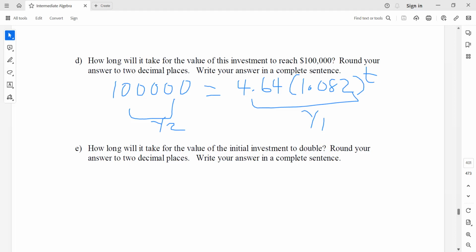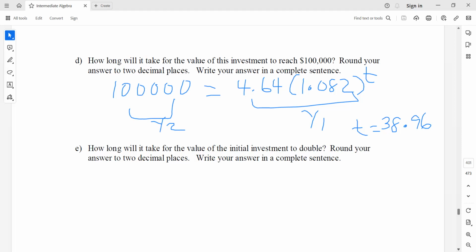Now T should be equal to 38.98 if you do the intersection on the calculator. So that should give us 38.96 years, which is 39 years, right? So it would take 38.96 years, or approximately 39 years, to reach 100,000.